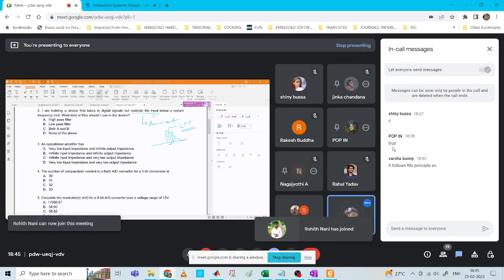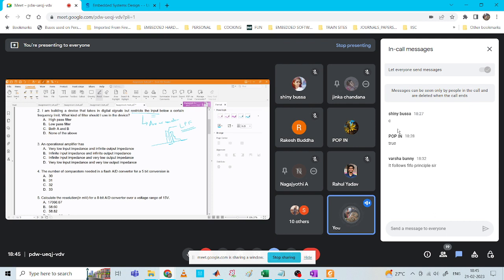Yes, right. Your voice is very low, just try to speak loudly or keep the microphone near your mouth. But yes, you are correct: infinite input impedance and very low output impedance. That is precisely the reason you can put op-amps one after another and achieve some functionality, because it behaves like a linear system.